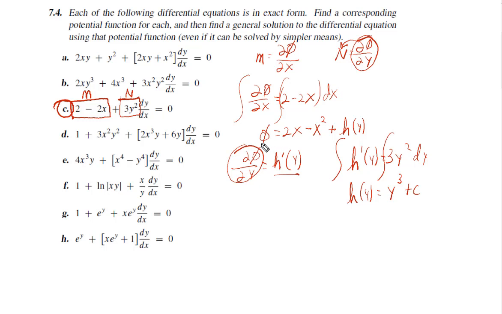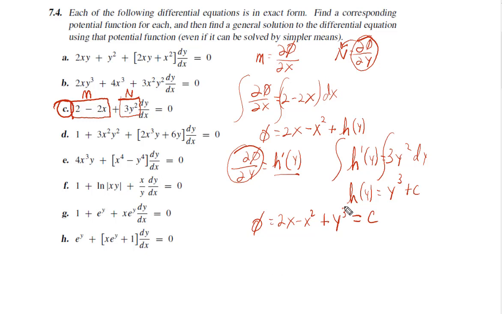So then, our potential function would be 2x minus x squared plus y cubed. And we're ready to write our solution, which is simply that equals some constant.